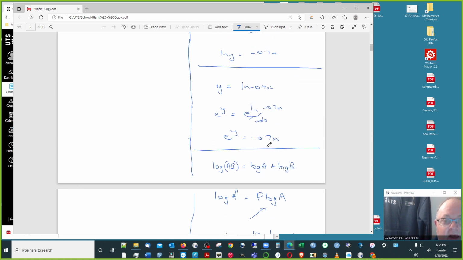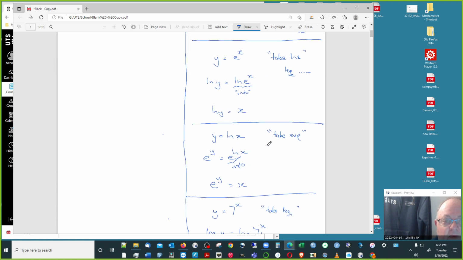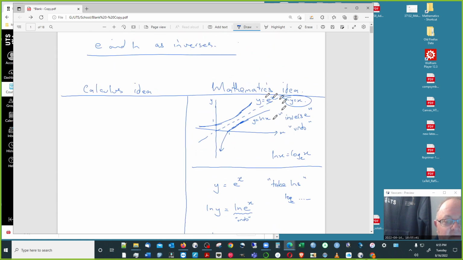Now what we've got is this very interesting and powerful maths idea related to inverses. Students struggle with that. So what's going on with the calculus idea? Often a student will see e to the x and you can see the whites of their eyes. It's like, oh my god, are you serious?